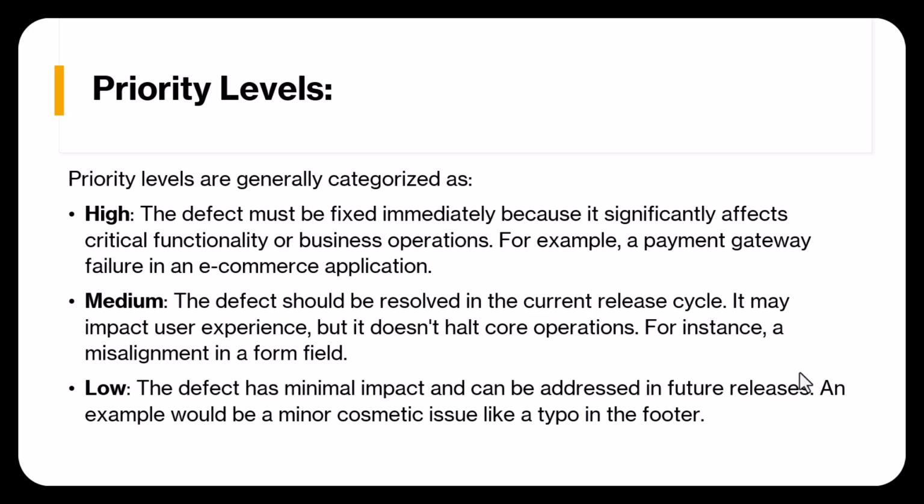As the functionality is very critical, the defect must be resolved as soon as possible, as it is affecting the system severely and it cannot be used until it is fixed. For that reason, we have given high priority to that defect. For example, a payment gateway failure in an e-commerce application: as payment is not happening, it is a very high priority bug and we have to fix it as soon as possible.